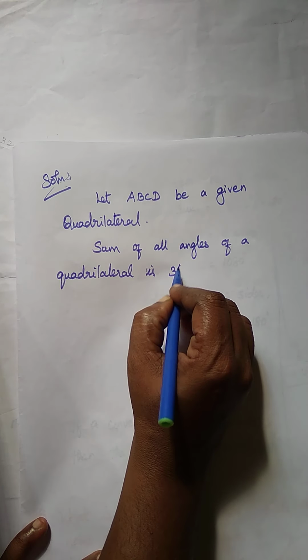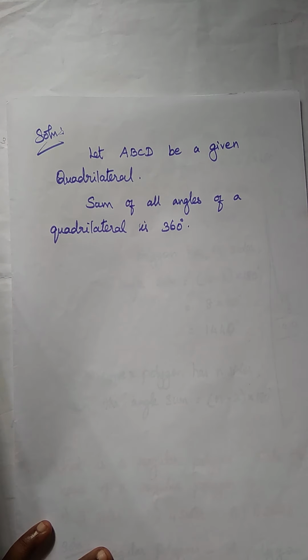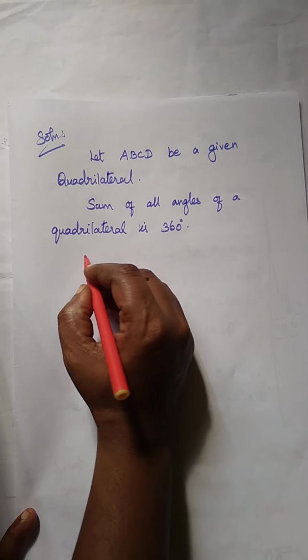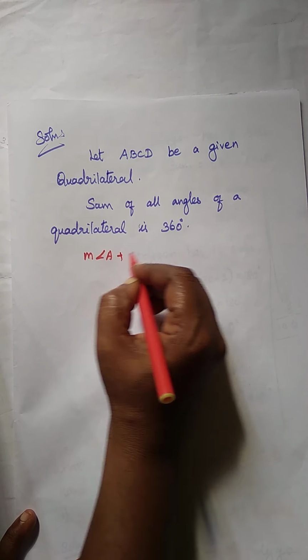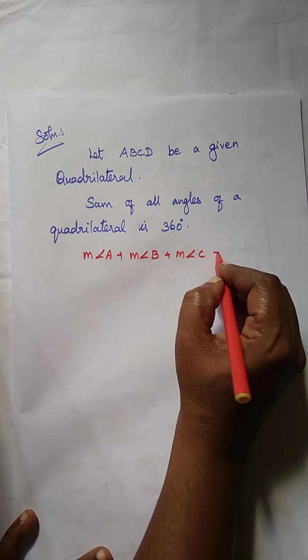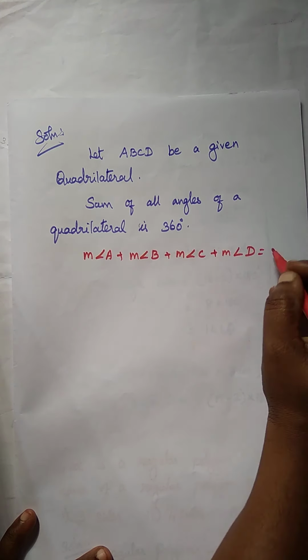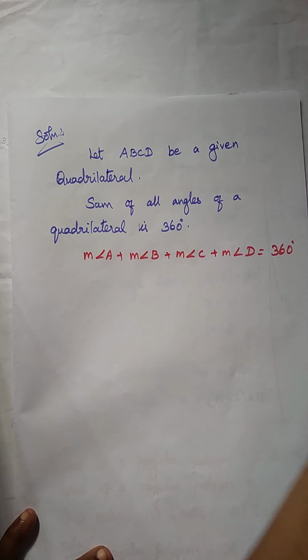Okay, using that we write measurement of angle A plus angle B plus angle C plus angle D is equal to 360 degree.